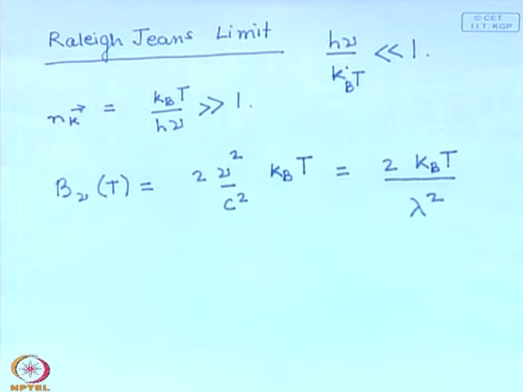So, in the Rayleigh-Jeans limit the Planck function takes a relatively simple form.